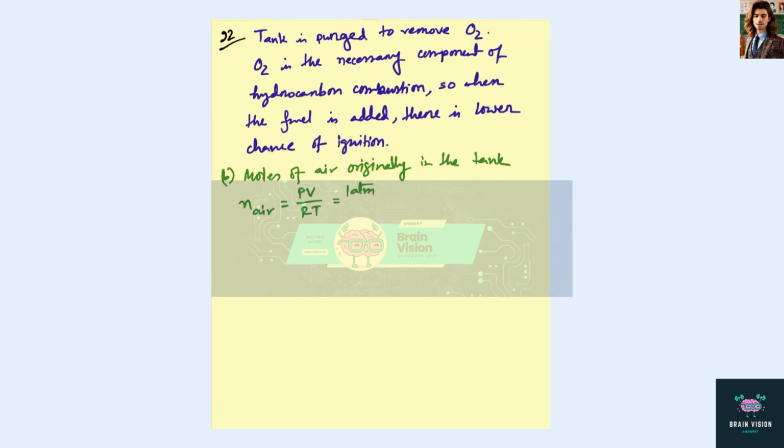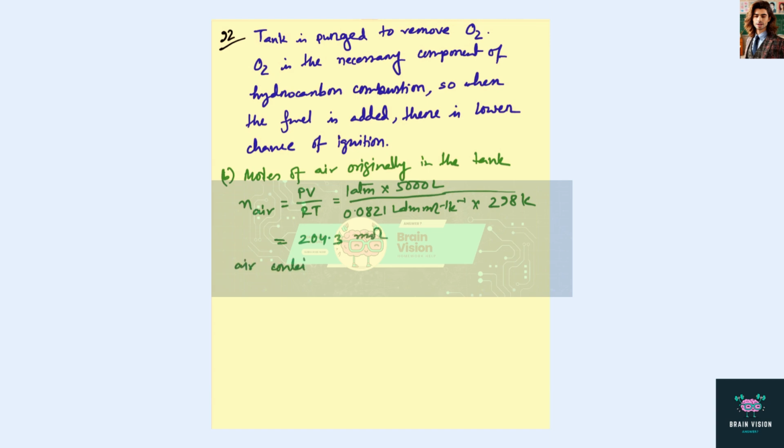Let's insert all these known values. Pressure is atmospheric pressure, it is 5000 liter volume. The temperature is 298 Kelvin. Therefore, the moles of air originally in the tank is 204.3 moles.